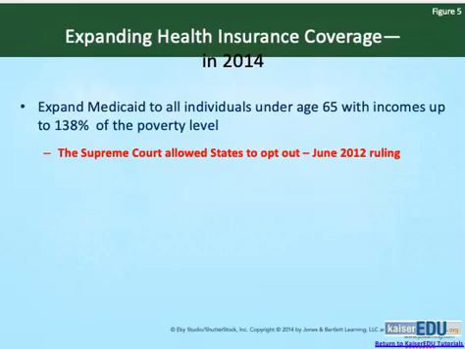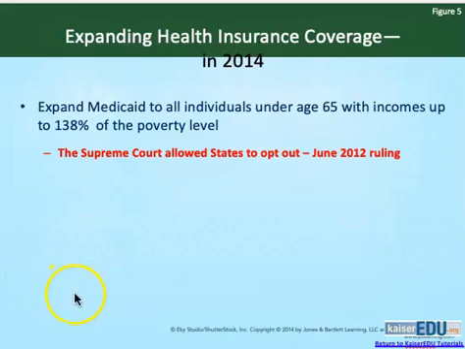So this expansion creates a uniform eligibility threshold for Medicaid across the states. At the time the law was put into place, the eligibility threshold was 133%.